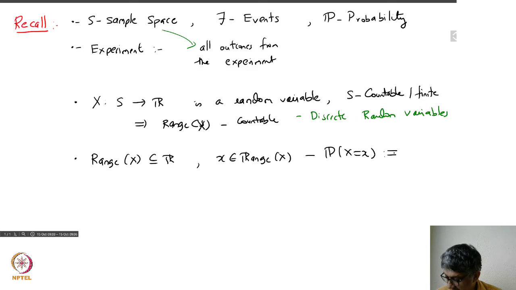And this we defined as the probability mass function of X, a function f(x) from the range of X to [0, 1].